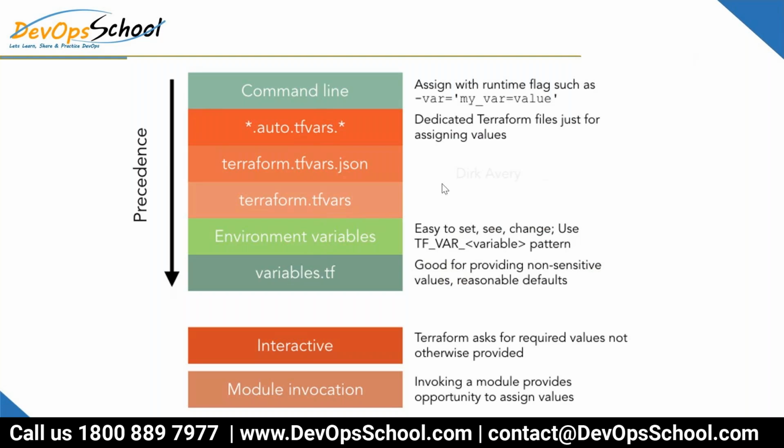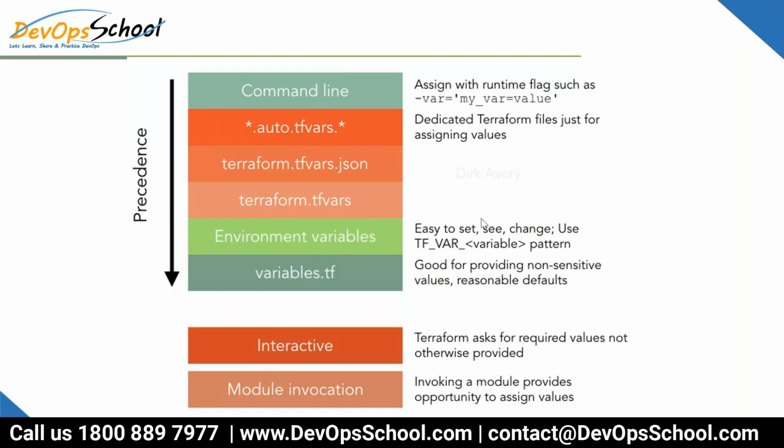Okay. Now the next question you will ask me: Rajesh, what if I set a variable, but I set the values differently in every place? Here I have different values for the same variable, in different places.